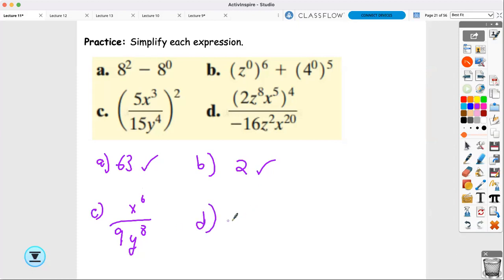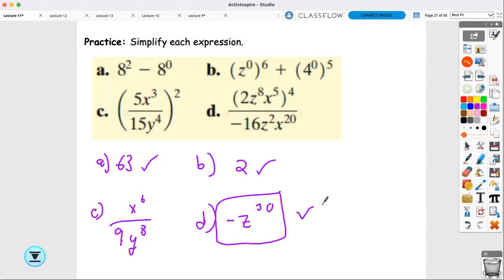So for D, we're getting negative Z to the 30th power. That is so far correct. Excellent, guys. Any questions so far on any of these practice problems?